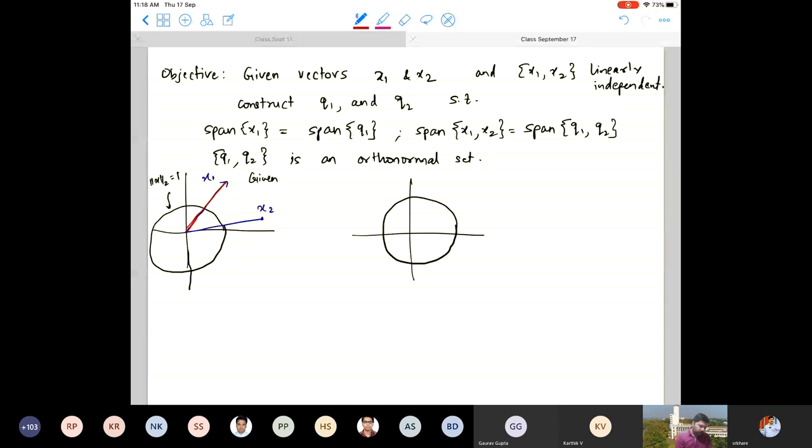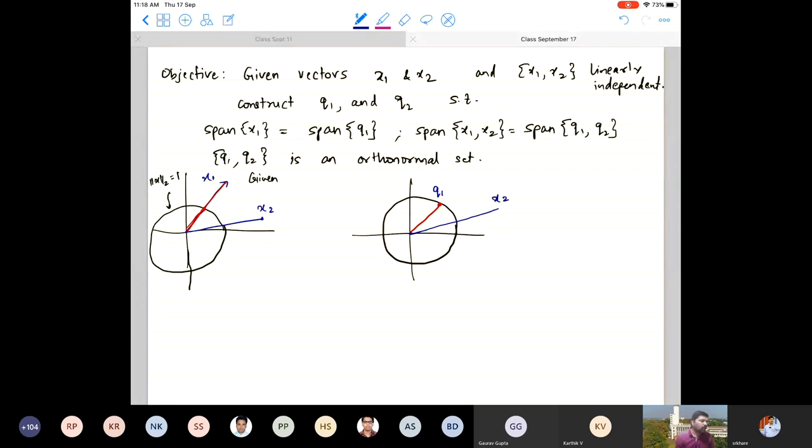The unit vector will go only up to this length, right? So this is my q1 and my x2 is still like this. Is the span of q1 the same as the span of x1? Obviously, yes, because q1 is actually the unit vector in the direction of x1. So that's not a problem. This step is clear.